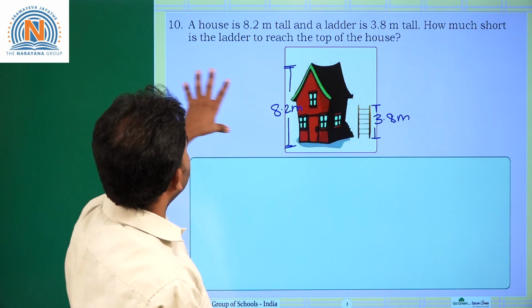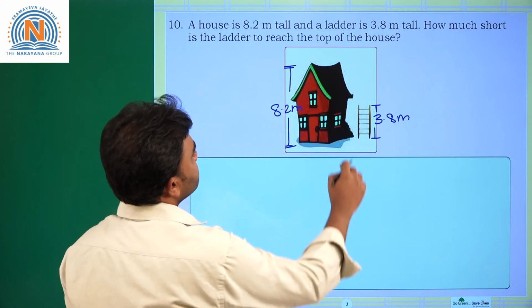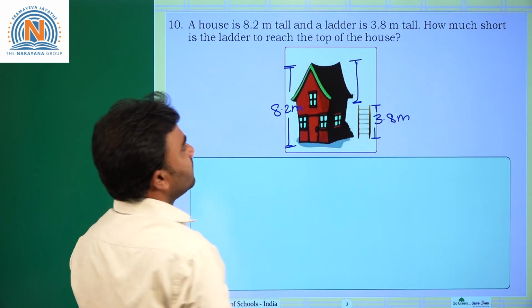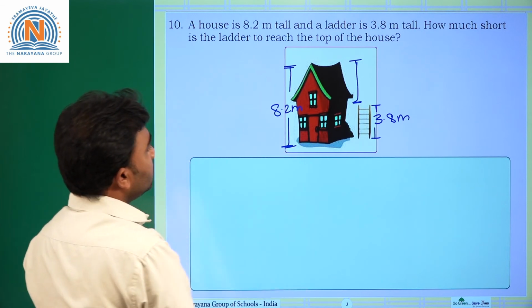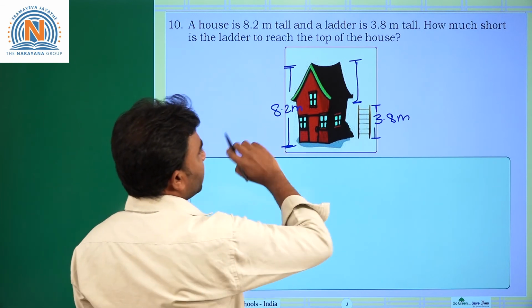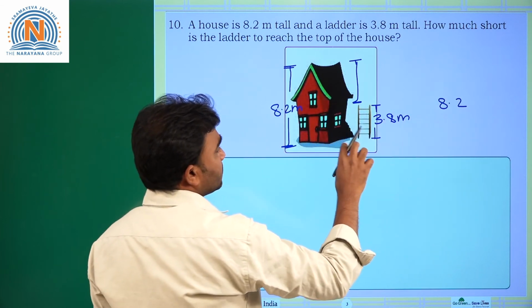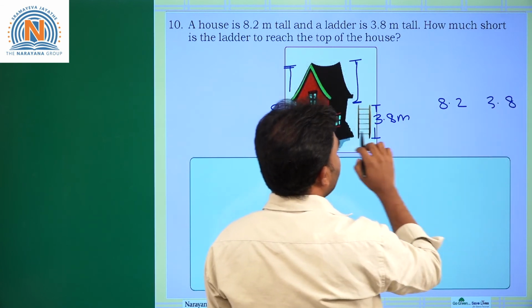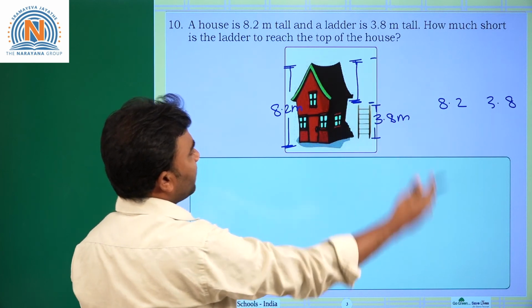How much short is the ladder to reach the top of the house? To reach the top of the house, this much more ladder is required. We know the total length of the house is 8.2 and the length of the ladder is 3.8. If we subtract both the numbers, we will get the length of the remaining ladder.